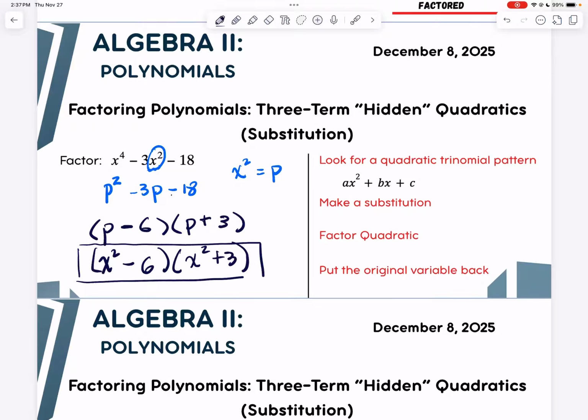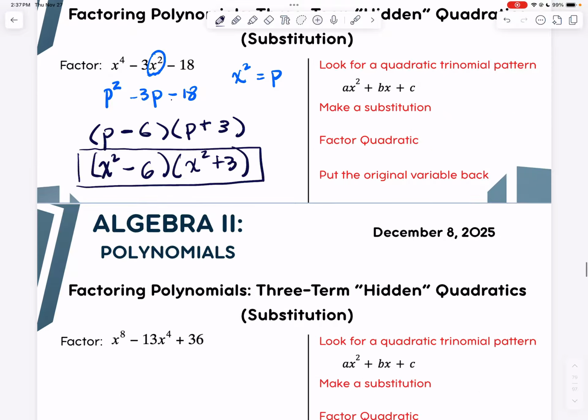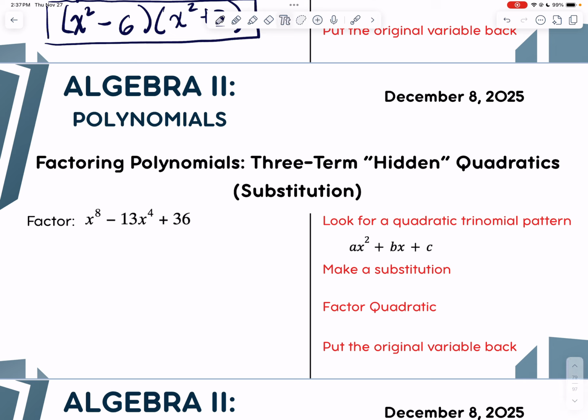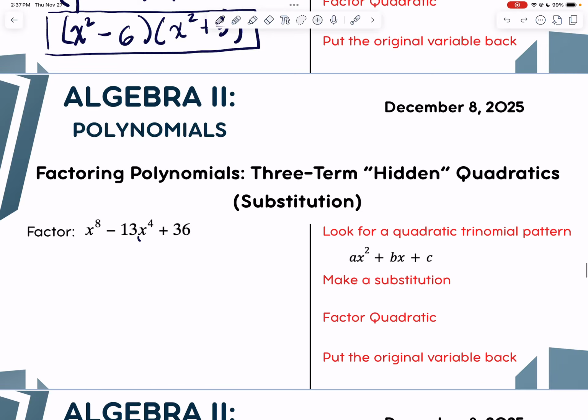All right, let's do a slightly harder one with a bigger exponent. So remember the thing we said to check for. In this case, we don't have a 4, we have an 8, which seems very big, but it is just twice what this is, which is what we want. So we want that term to be a single variable. I'm going to use p again since we're used to it.